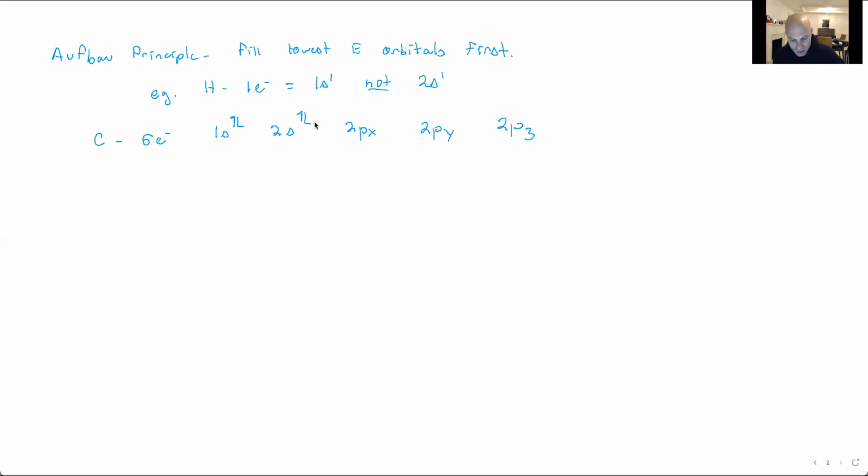And so the 3 p orbitals, they differ in directionality, but they are otherwise the same. Okay, same shape, same distribution, same nodes, same energy. And so I'm going to put 1 in the px, 1 in the py, and that is the ground state configuration of carbon. So let me just write down Hund's rule.